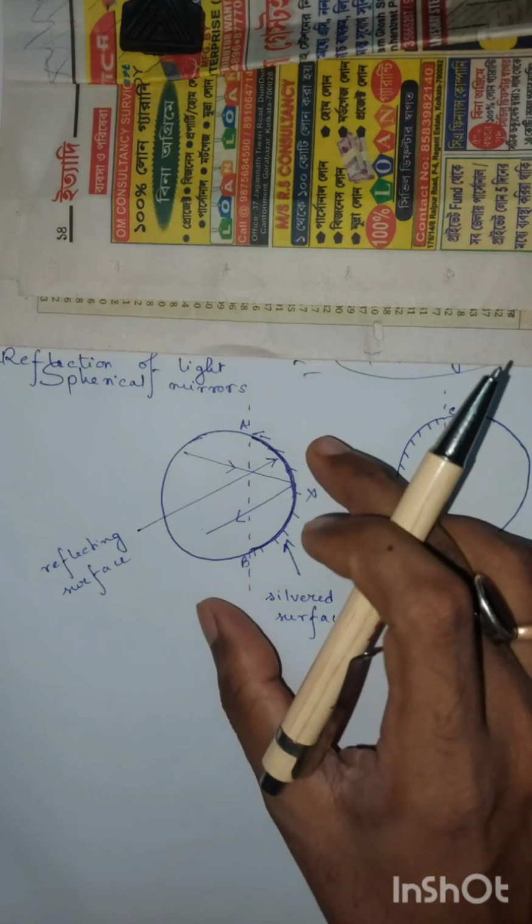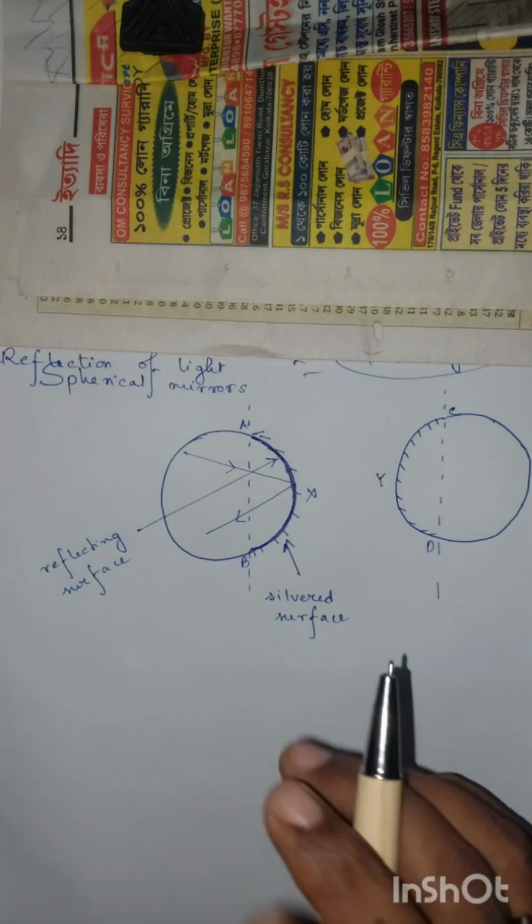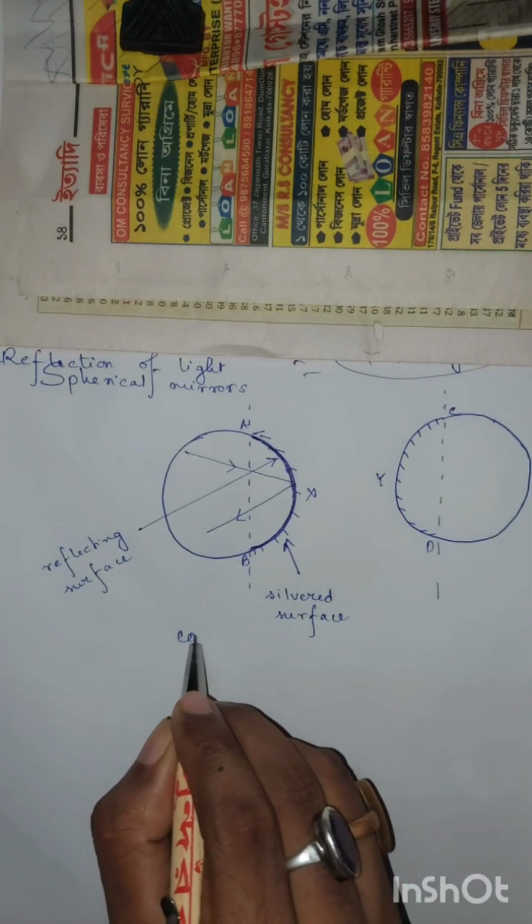Okay, so this kind of mirror is called a concave mirror.